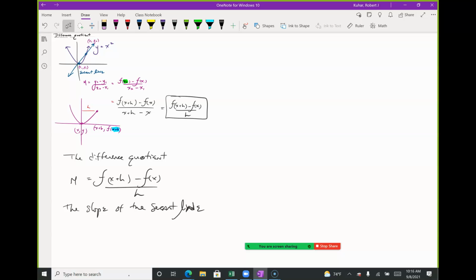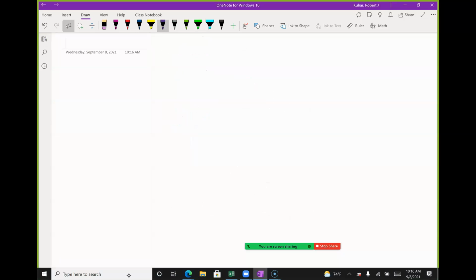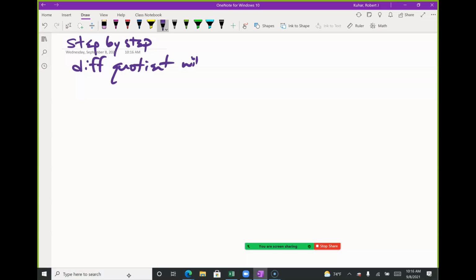Okay, so here we go. I'm giving you a step-by-step for a difference quotient with a polynomial, right? The first thing I want to do is find f of x plus h.